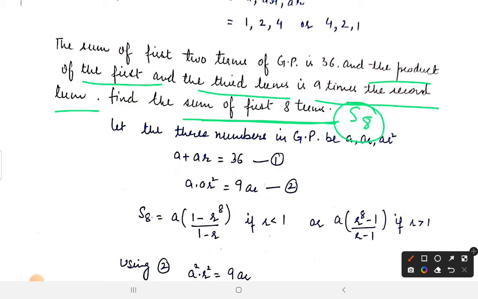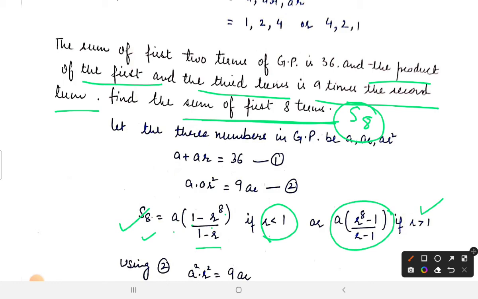So S8 is A times 1 minus R to the power 8 upon 1 minus R if R is less than 1, and it is A times R to the power 8 minus 1 upon R minus 1 if R is greater than 1. So let us now find the value of R and A to find S8.